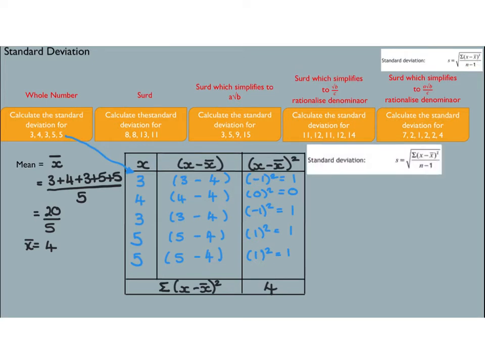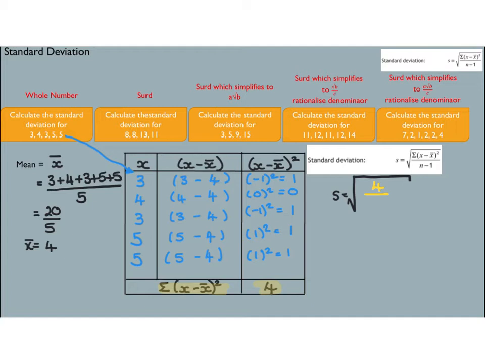Okay, so I've got my standard deviation formula there now, and we have got a square root that goes right the way over a fraction. Now, this bit at the top here, we worked that out over here to be 4. N minus 1.